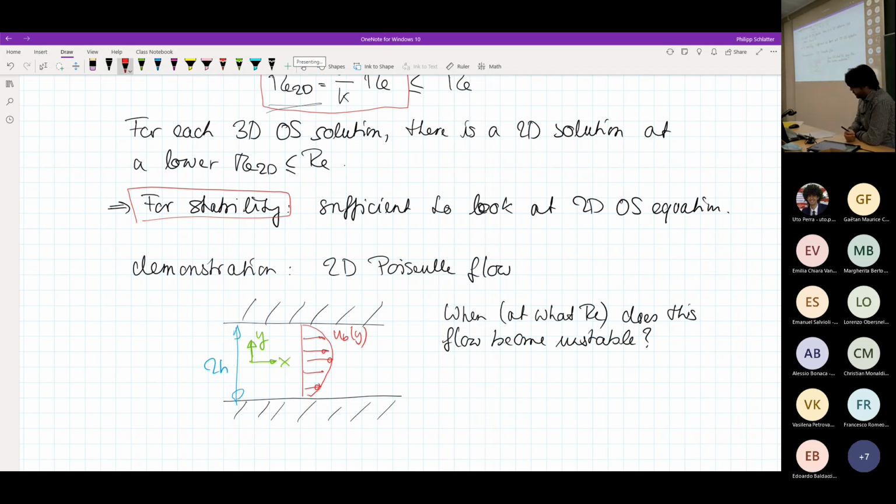And of course the parameters here are, well, we have ub, which is the parabolic base flow. And then we have the Reynolds number, which is the bulk Reynolds number, which we have realized is also connected to the mass flux that goes through the domain.